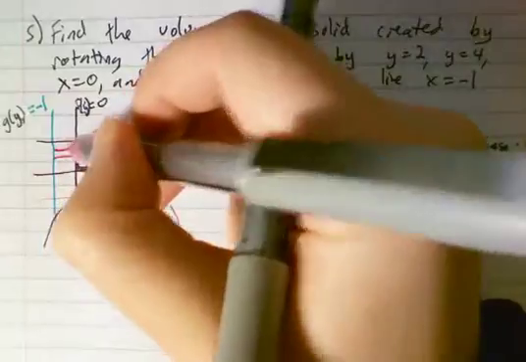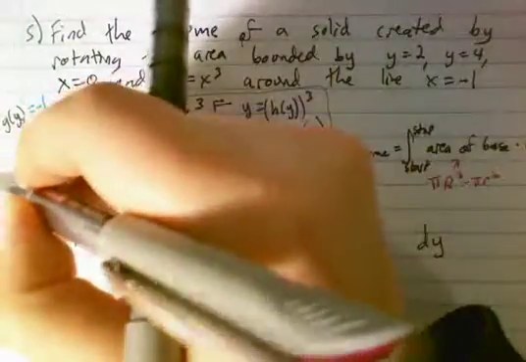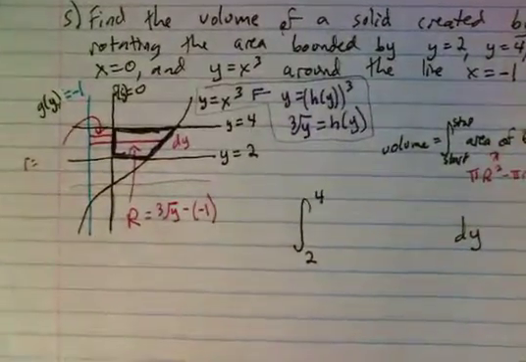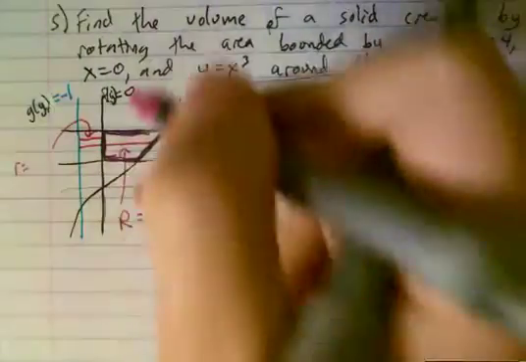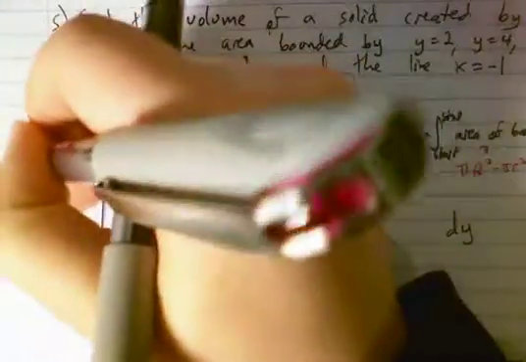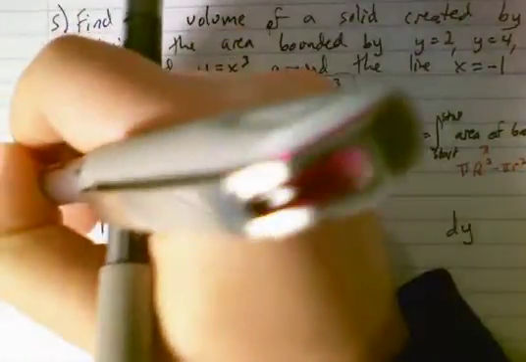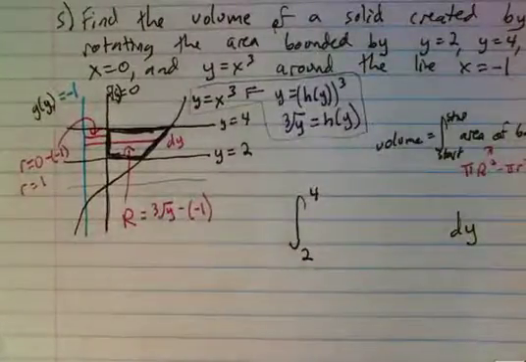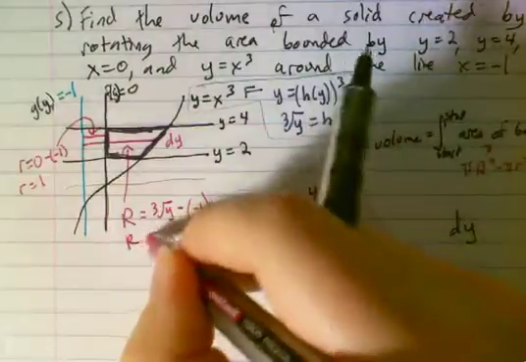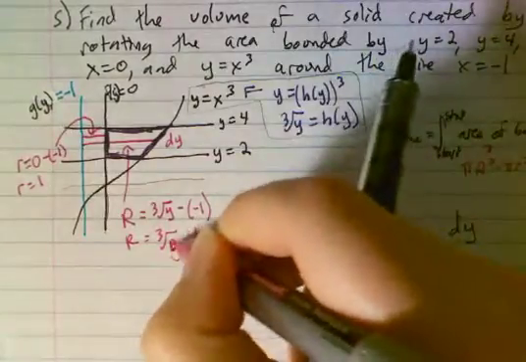And I'm going to draw the other little radius. That's going to be the part that I'm going to take out. On the right, it's 0. On the left, it's -1. So I'm going to subtract -1. Little r just equals 1. Big R is going to be cubed root of y, plus 1.